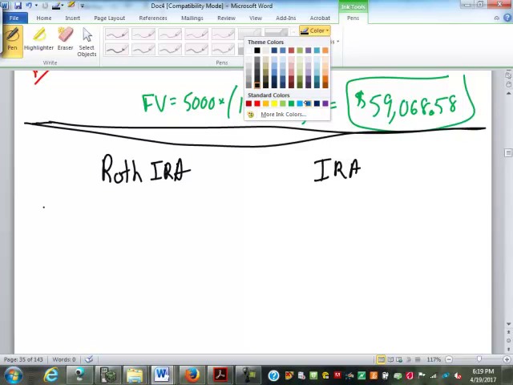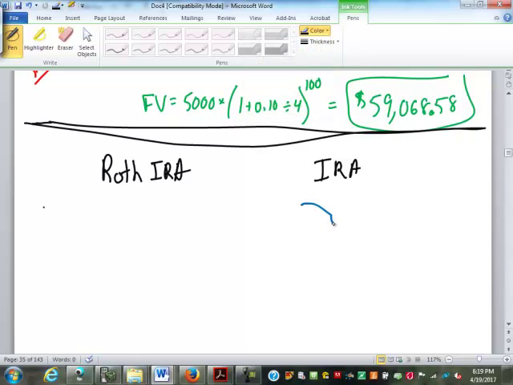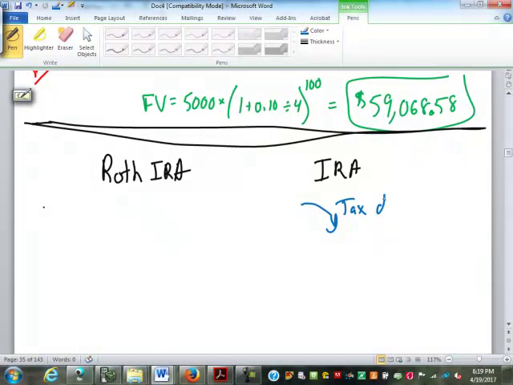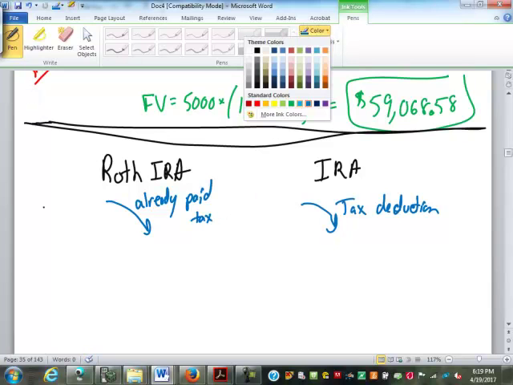When you put money into the regular IRA, you get a tax break. So you get a tax deduction for putting money into a regular IRA. When you put money into a Roth IRA, that's money you've already paid the tax on. So there's no tax break.